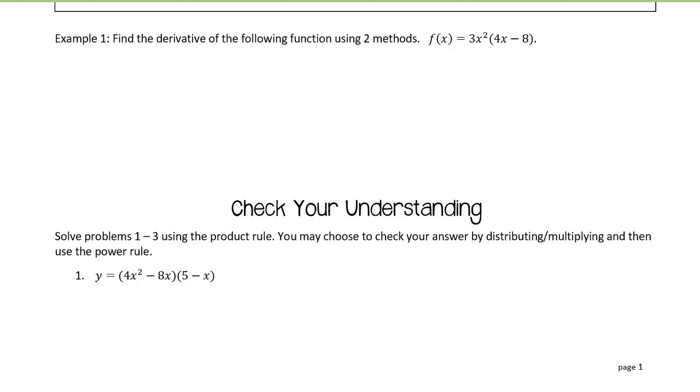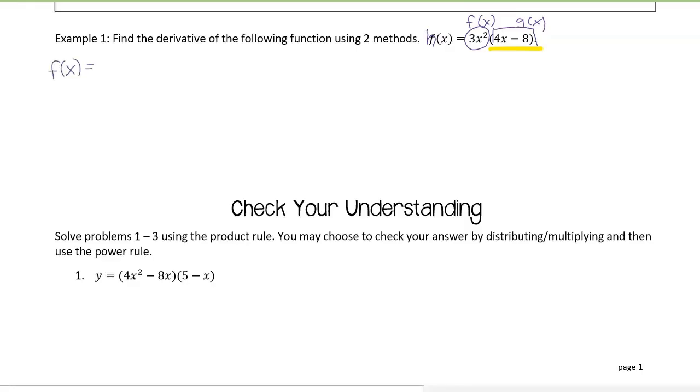Let's do this example. We have the function of x equals 3x squared times the quantity 4x minus 8. I think to make this easier, I'm going to change this to h of x. Then we could call this f of x, and this one here will be g of x. So let's list everything out.